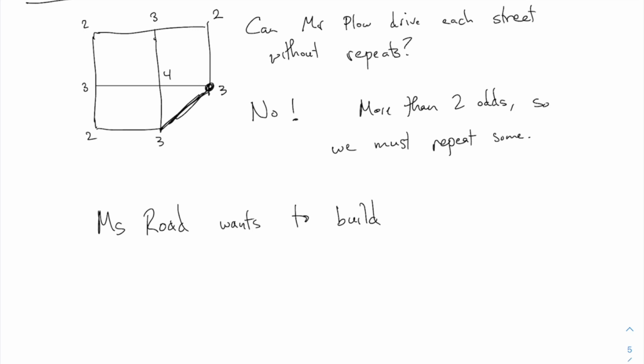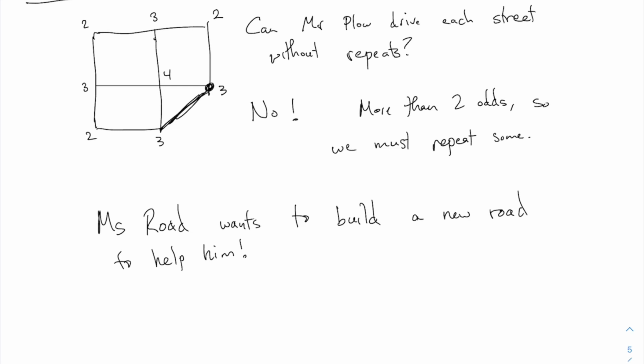Can anybody say, is it possible to build a new road somewhere which will enable Mr. Plow to cover every edge without repeats? Ms. Road wants to build a new road to help him.